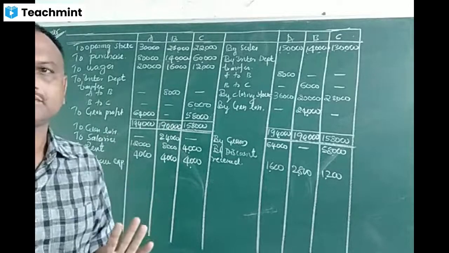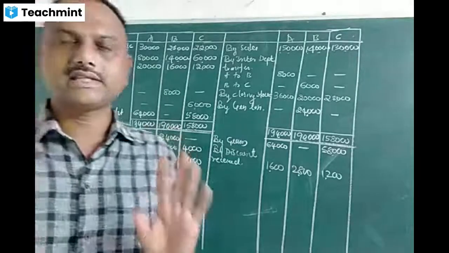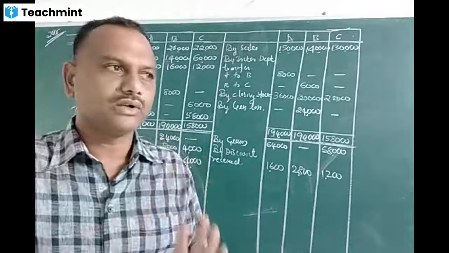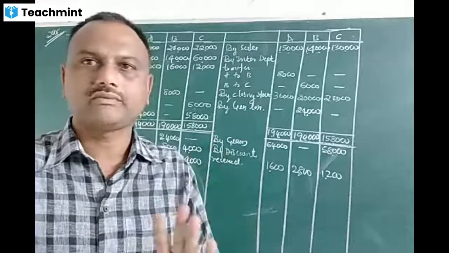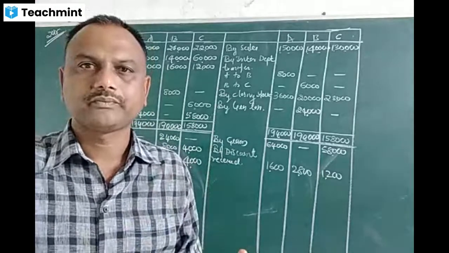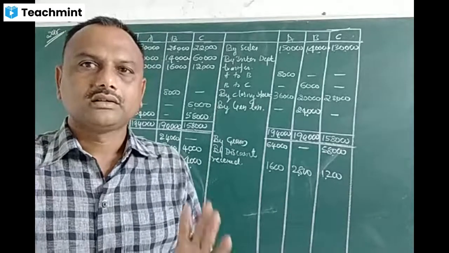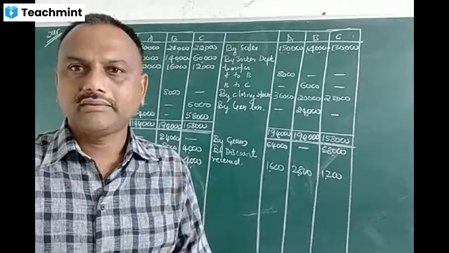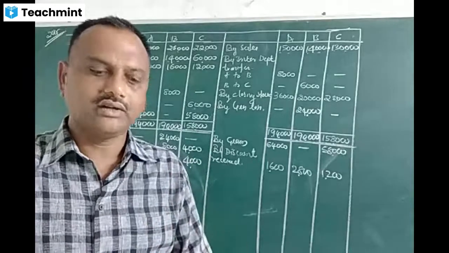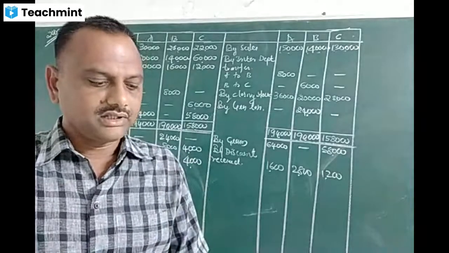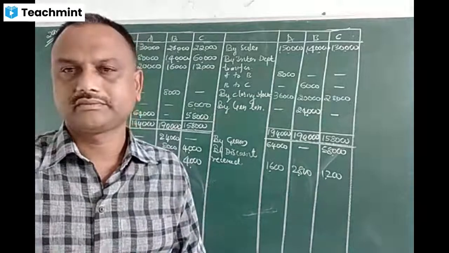If wages is given, we have to allocate labor expense on wage ratio. If not, then we can do it on number of labors. If not given, we have to take the number of employees.